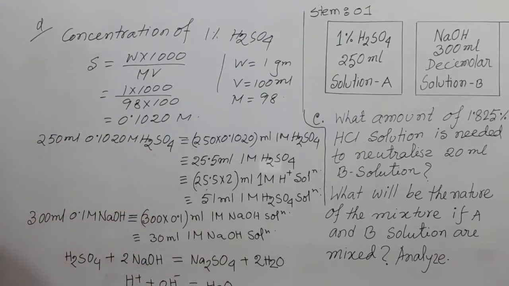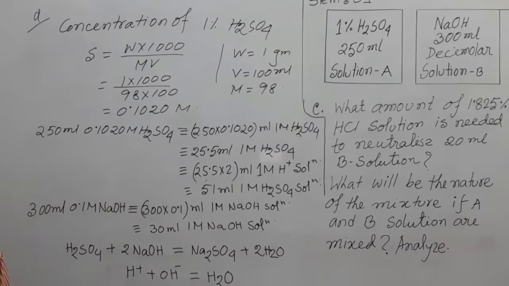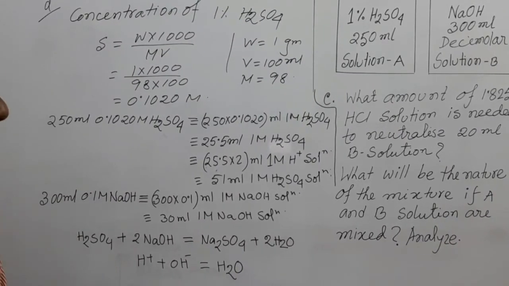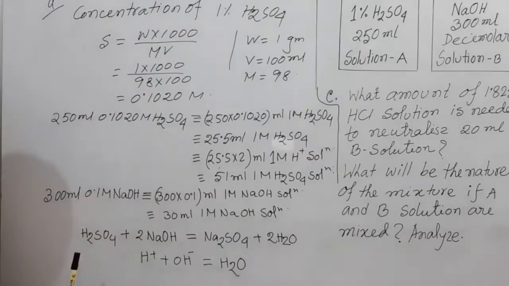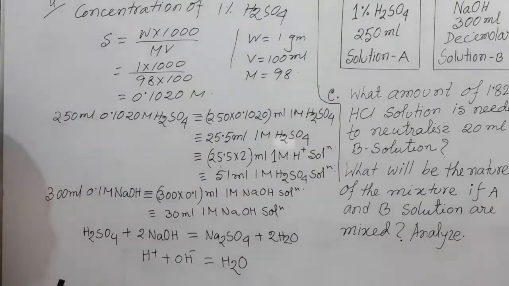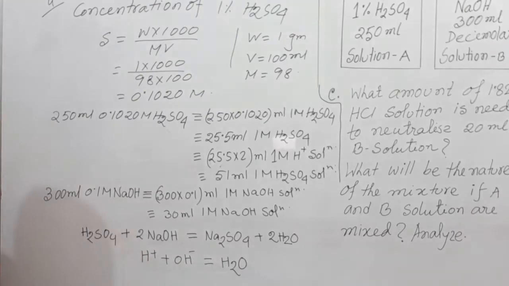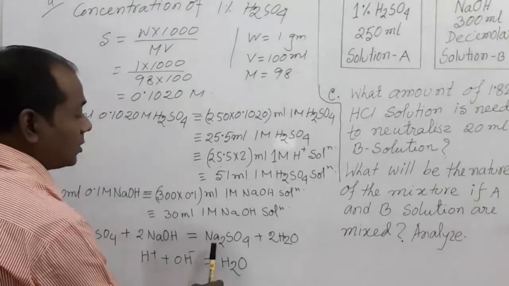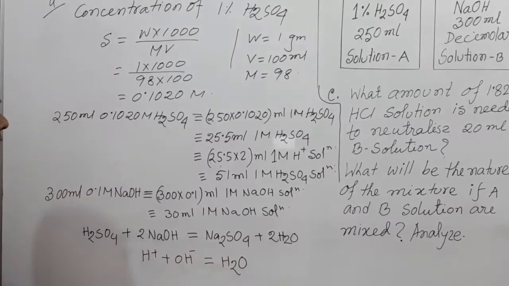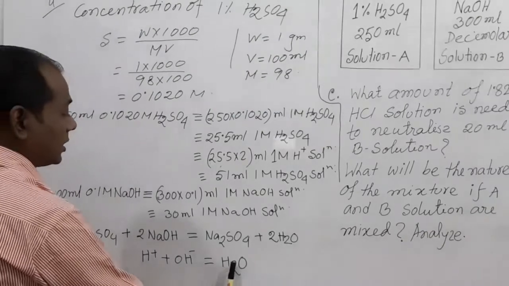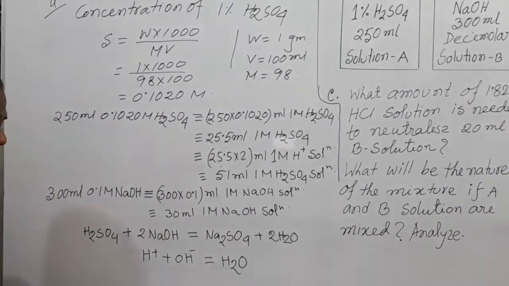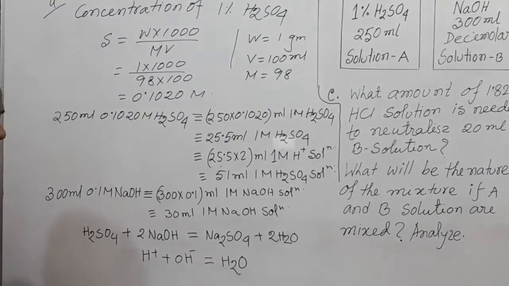This reaction occurs if A and B solution are mixed together. 1 mole sulfuric acid reacts with 2 mole sodium hydroxide and produces sodium sulfate plus 2 H2O. The main reaction is hydrogen ion and hydroxyl ion, and it produces water.